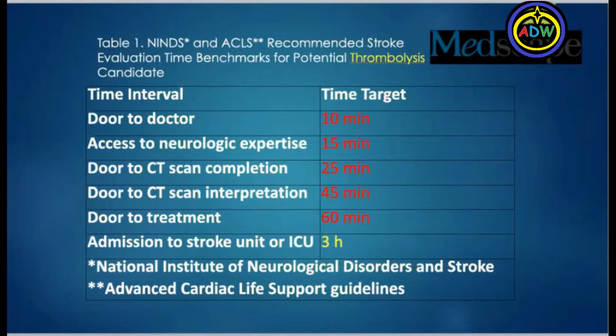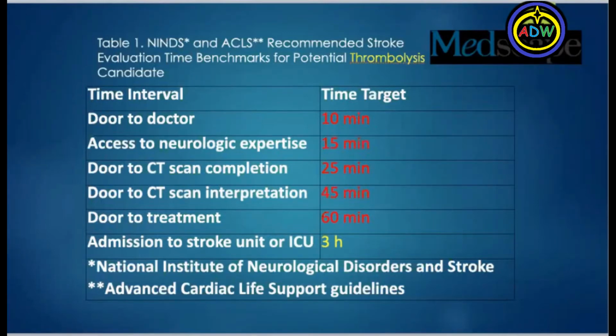You can see it is a very short time. Access to neurological expertise is 15 minutes. CT scan completion is 25 minutes, CT scan interpretation 45 minutes, treatment 60 minutes, and admission to the stroke unit or ICU within 3 hours after stroke onset.